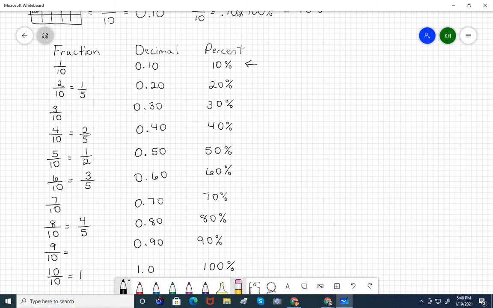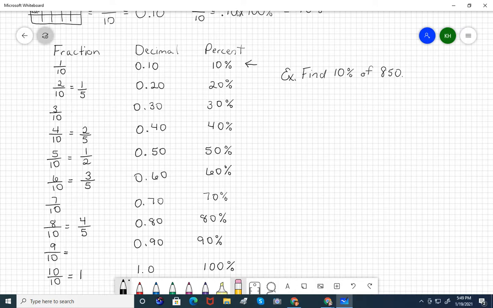So for example, find 10% of 850. 10% is just 1/10. To get 1/10 of something, you just divide by 10.